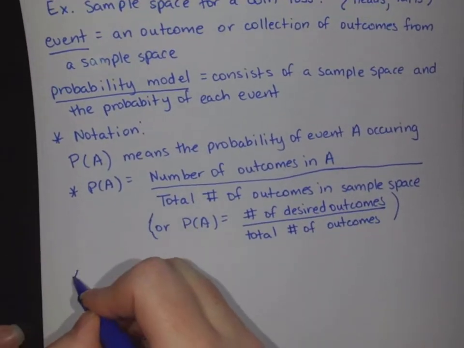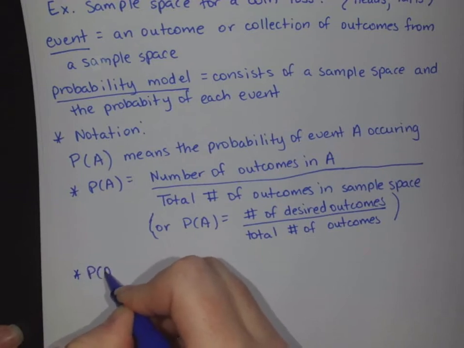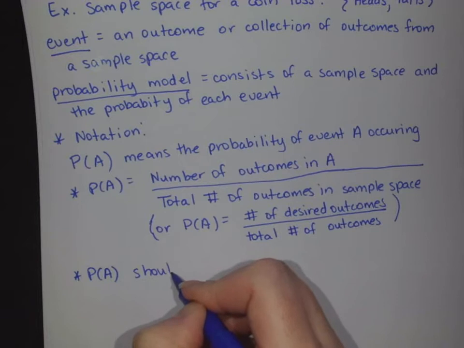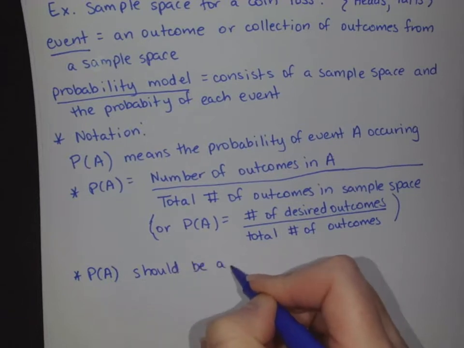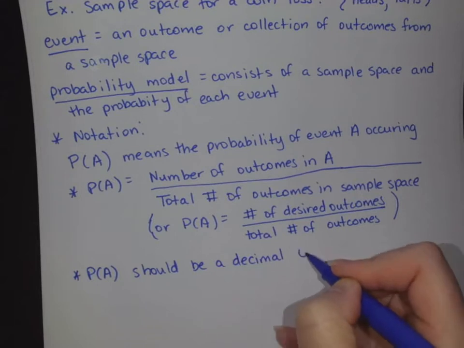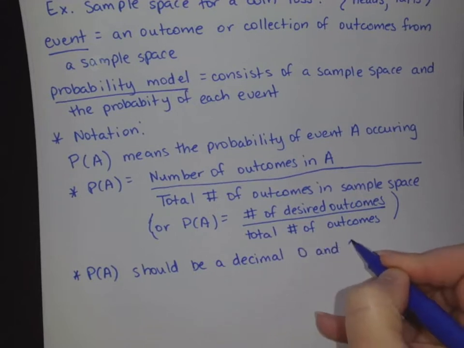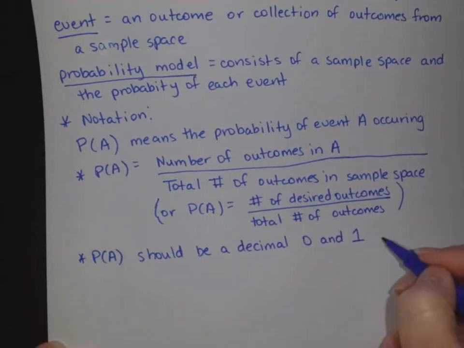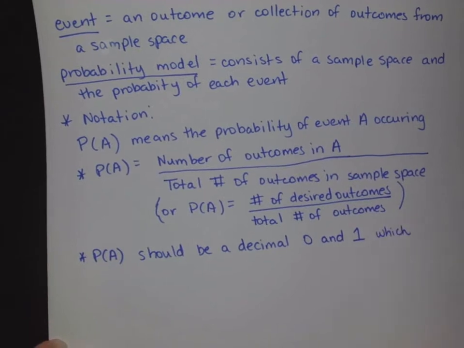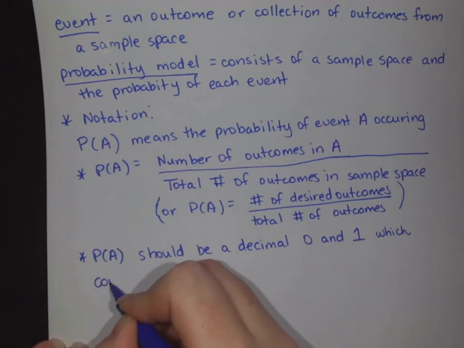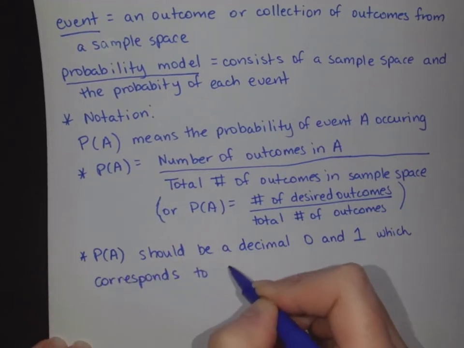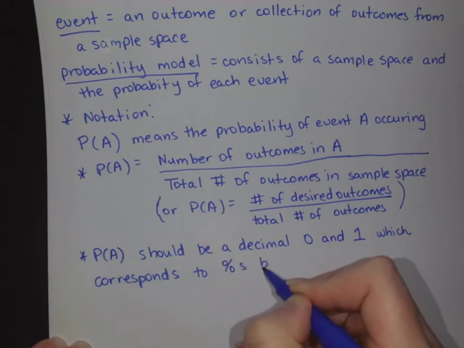So the probability of A, if it's in decimal form, and it will be a lot in this unit, should be a decimal between 0 and 1, which corresponds to percentages between 0 and 100. Remember, when you change a decimal to a percentage or a percentage to a decimal, you move the decimal place twice.